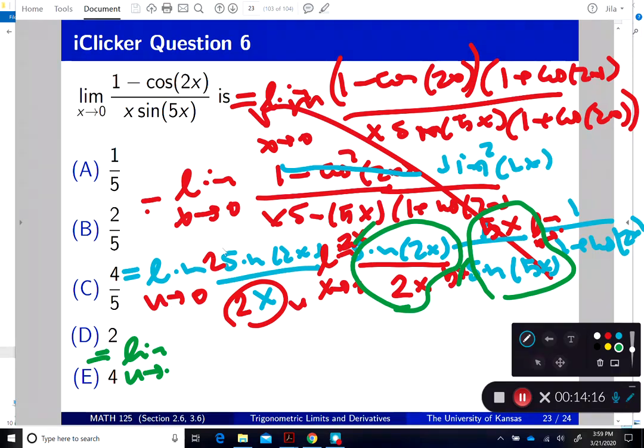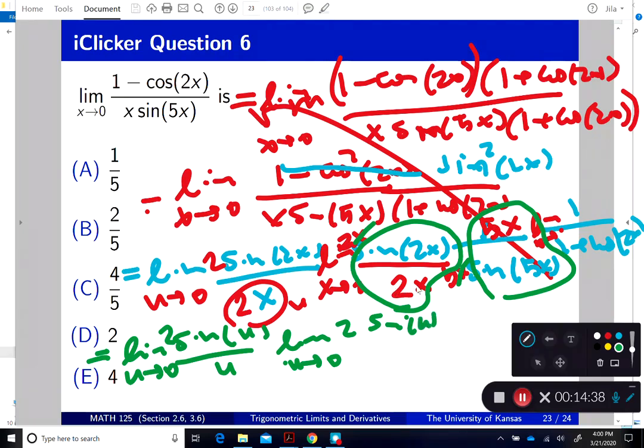And so I will have sine of u over u, 2 of those, and then the limit as u goes to 0 again of, here 2 is remaining, sine of u over u.